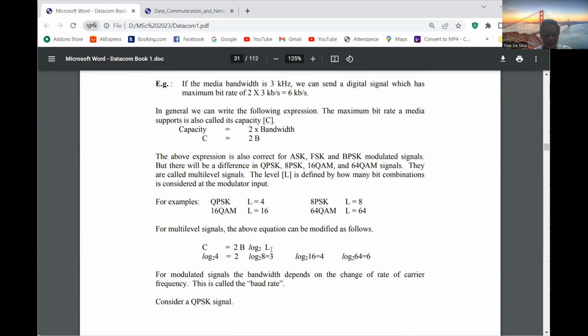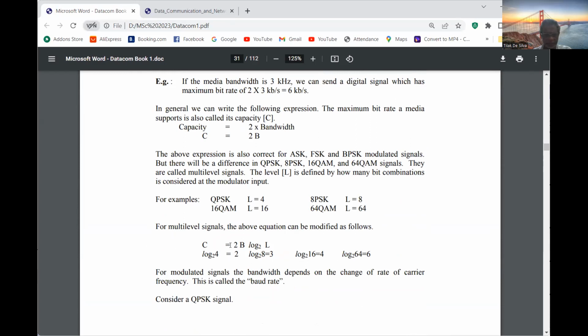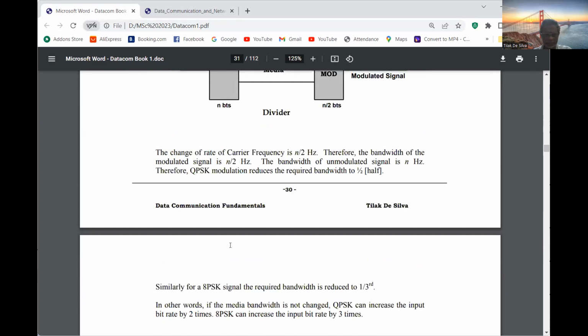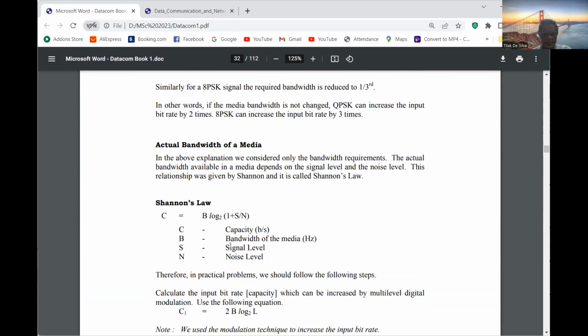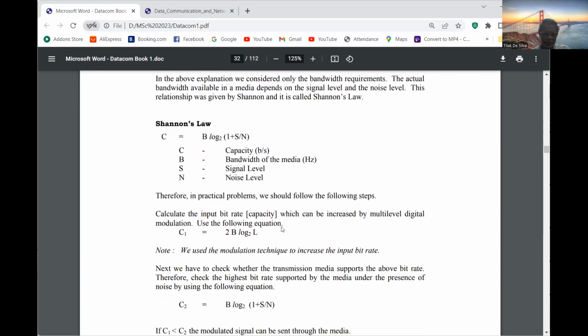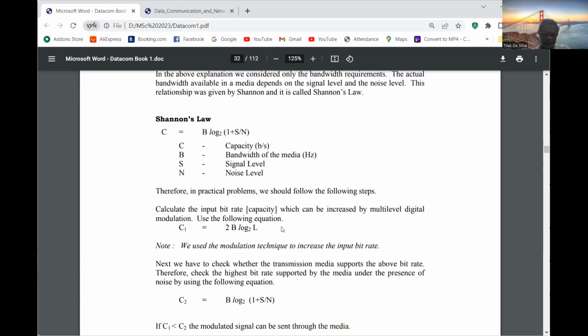So you have to use this equation to see the maximum allowable bit rate of the signal. Assume that there is no noise. If there is noise, this is the equation to see the allowable bit rate in the transmission media. Any question?